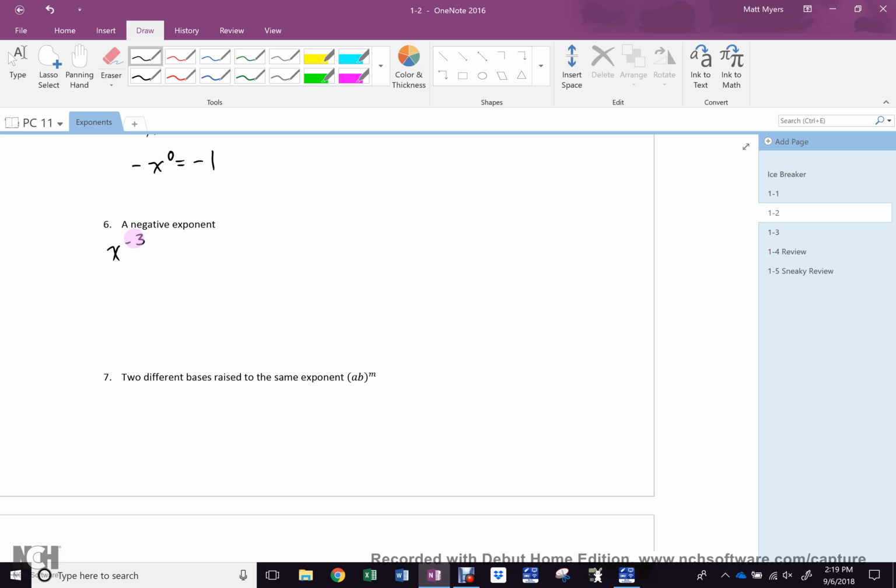It doesn't exist. And yet, this notation can exist. Because if I write this number, x to the 4 over x to the 7, what is 4 minus 7? X to the negative 3. So it has to be able to exist somehow. This is what it is.